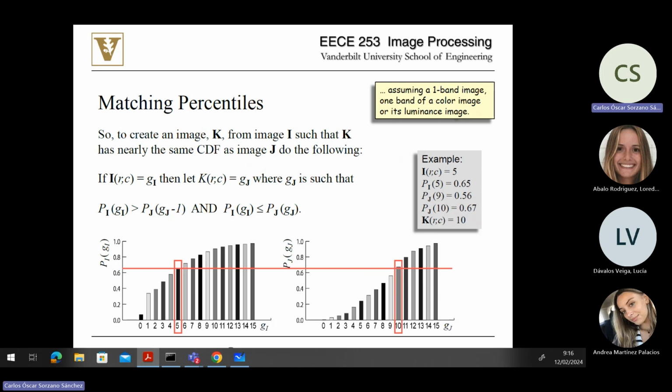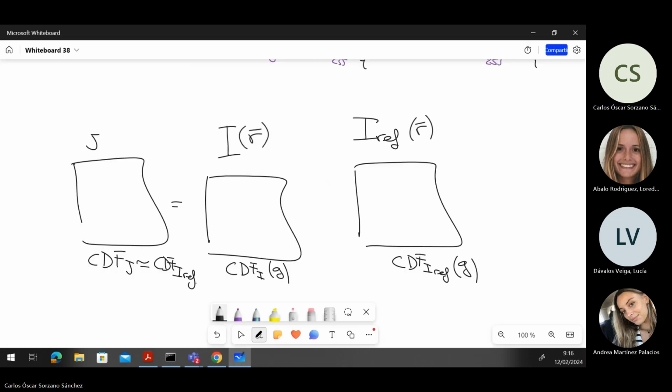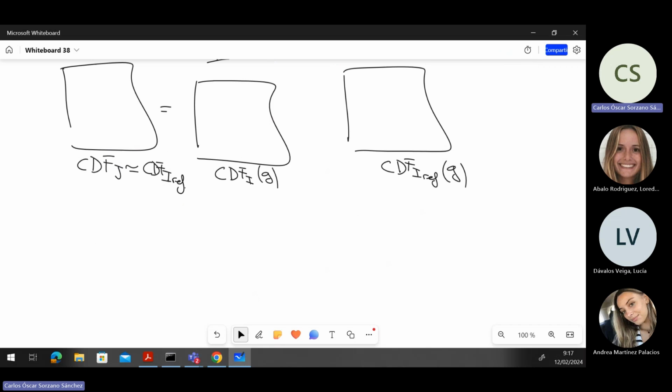How do we write things in this way? I will come back to my notation where I have I ref and I. So you start with a value I at a given location.